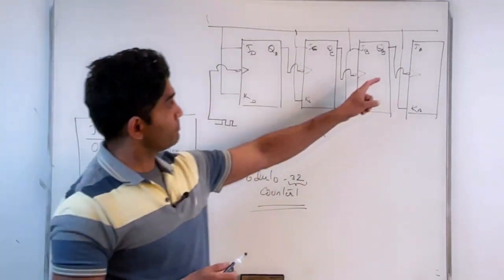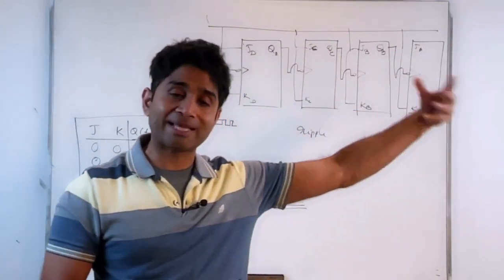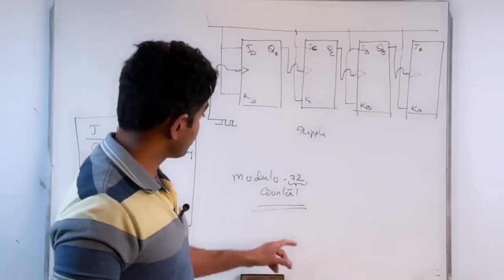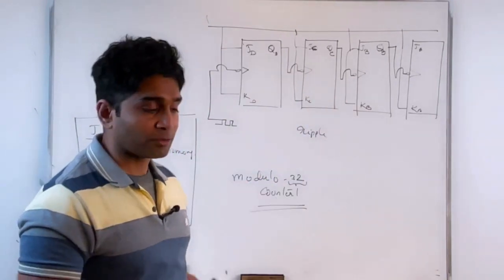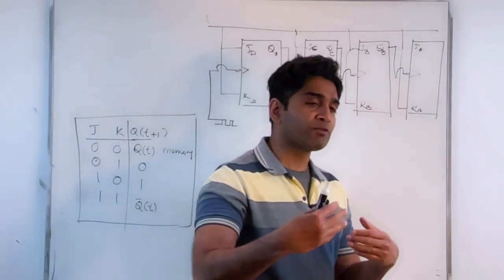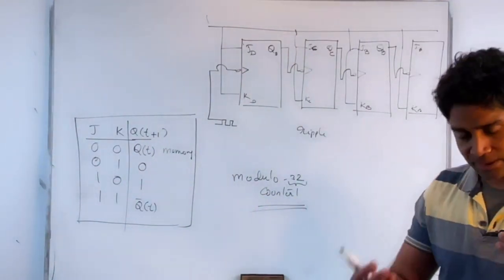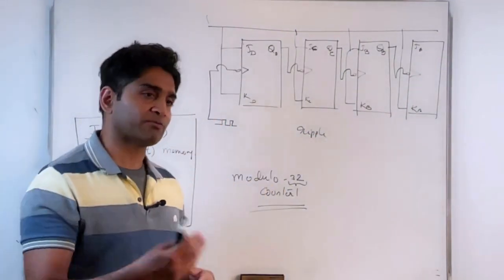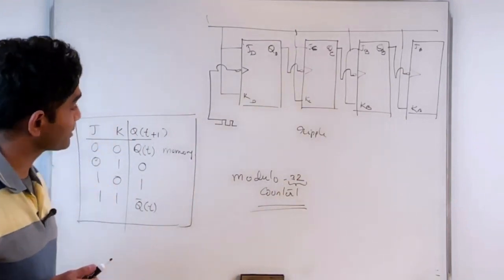And then take the output of this flip-flop as the input to the next flip-flop, configure that flip-flop in the toggle state, and then I get a modulo 32 counter, right? So right now I have a modulo 16 counter. So that way I can add new flip-flops and get a larger count. Basically I can enlarge the size of my counter simply by adding new flip-flop stages, right? So that's understandable from here.